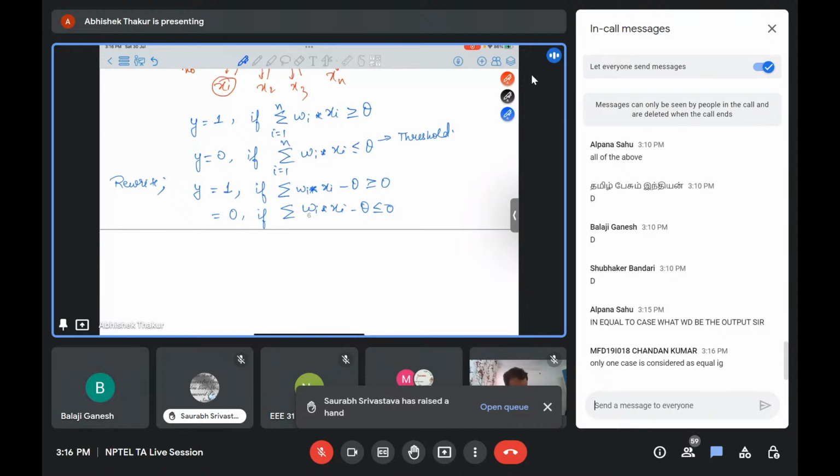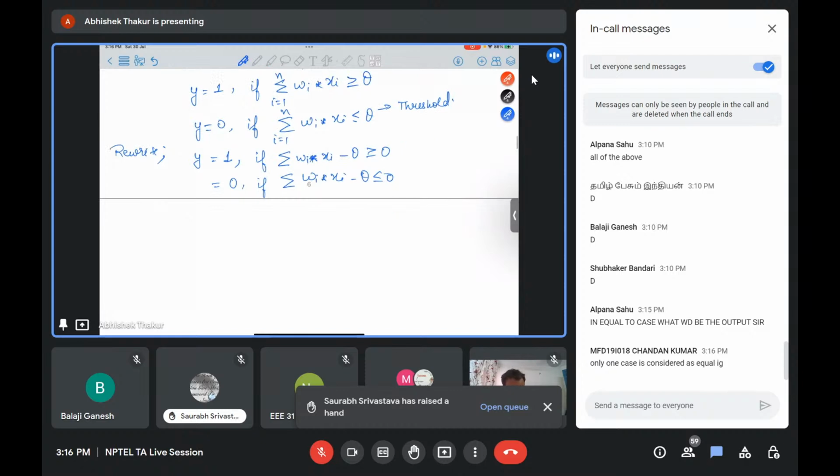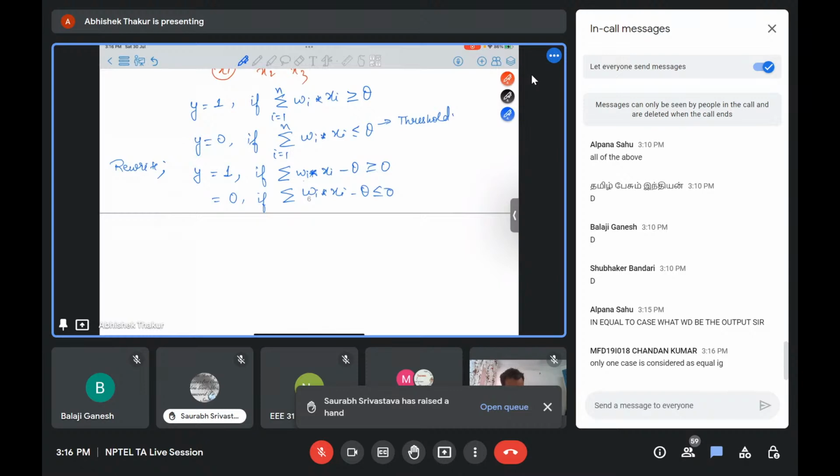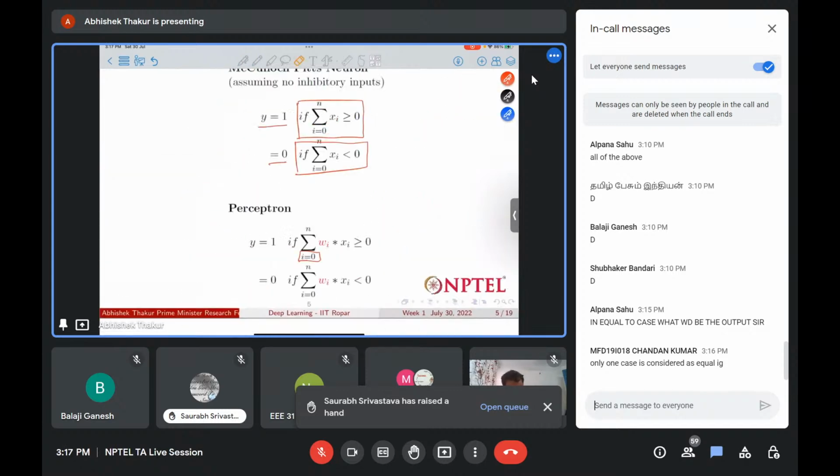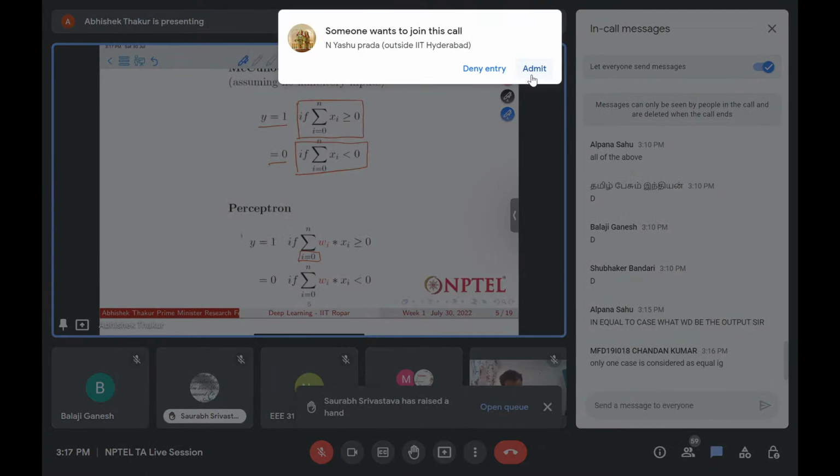First we have taken this, and we are coming to the final derivation, so wait for some time and your doubt will get cleared. Here Y is equal to 1 when the summation of Wi Xi, where we have taken i equal to 1 to n. But you are talking about this part, that this Wi into Xi is greater than 0, but here you see i is equal to 0.